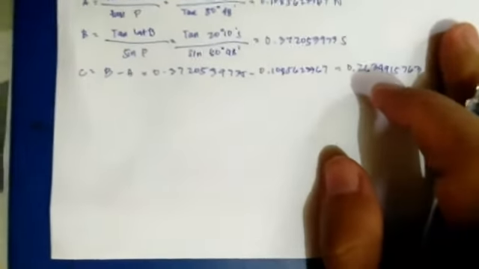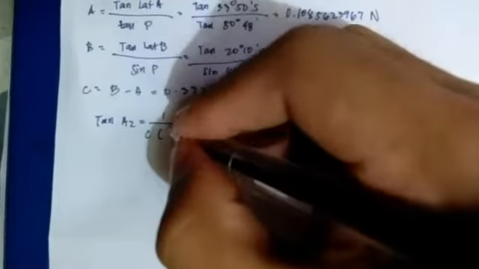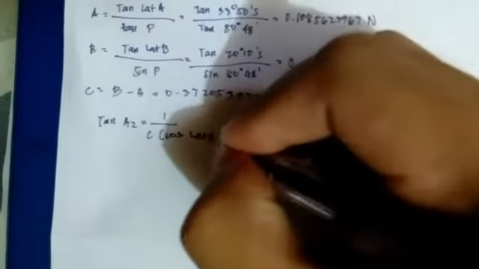Next, we need to use tan AZ equals 1 over C multiplied by cos latitude A to get the degrees of our initial course.